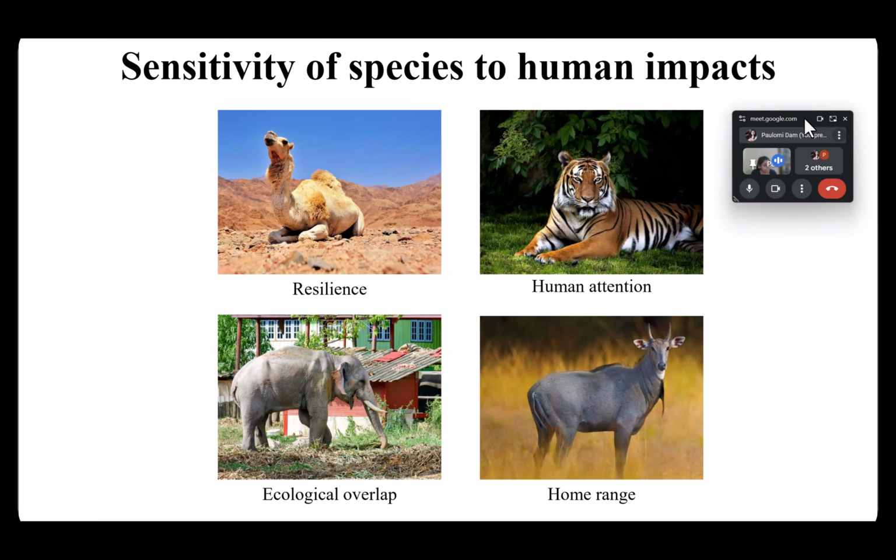But when does human impact pose a problem for species survival? When these sensitivity issues of the species are being encroached upon. So these are sensitivity of species to human impacts.